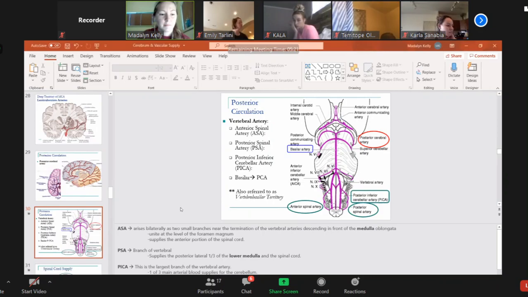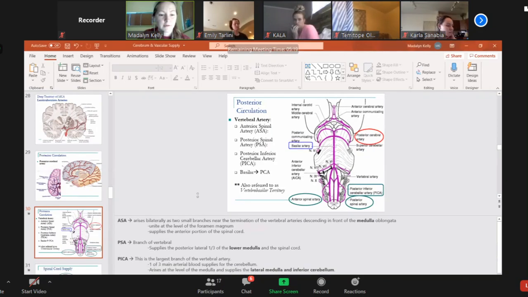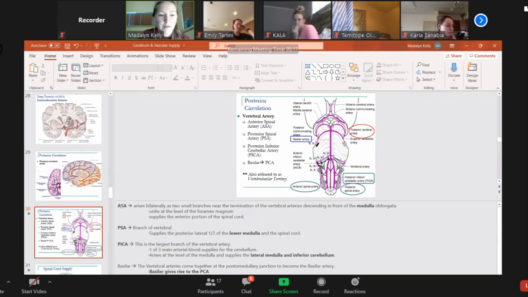We know these already a little bit. The ASA arises bilaterally as 2 branches near the termination of the vertebral arteries, descending in front of the medulla oblongata. It supplies the anterior portion of the medulla.